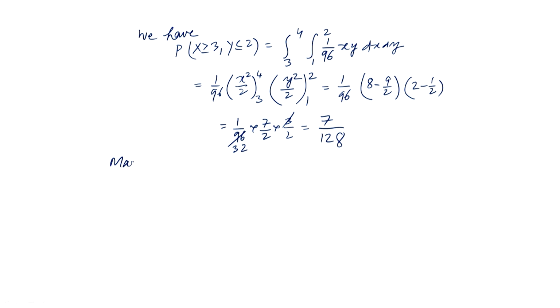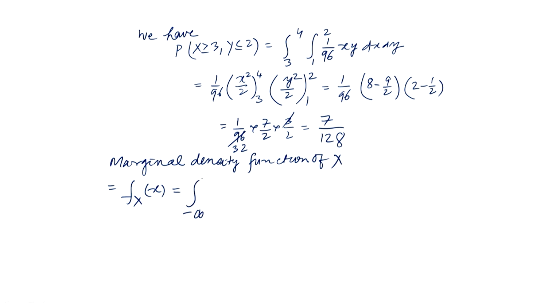Now, the marginal density function of x is given by f1(x), which is the integral from minus infinity to infinity of f(x,y) dy. Yes, because f1(x) is the probability that x takes the value x and y is arbitrary.